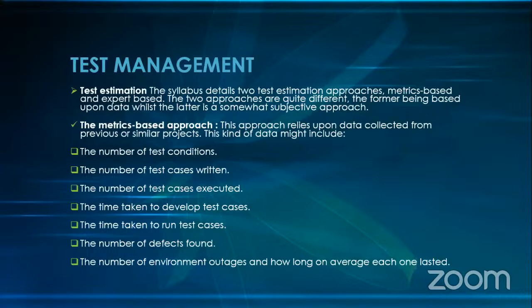Then the environment outage and how long on average each one lasted. That is where you are blocked. How long did it take? 24 hours, 2 days, 3 days. So all these are just ways to collect the data when it comes to test estimation. If you look at all this, it's already giving you a clue to know the end point, to know where exactly we are going to.